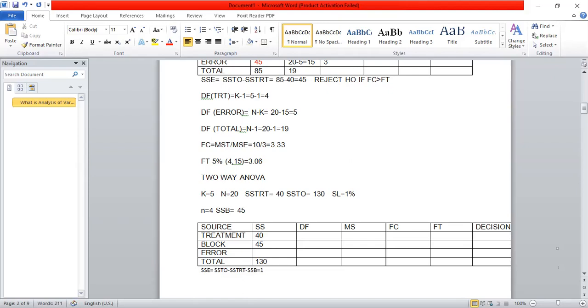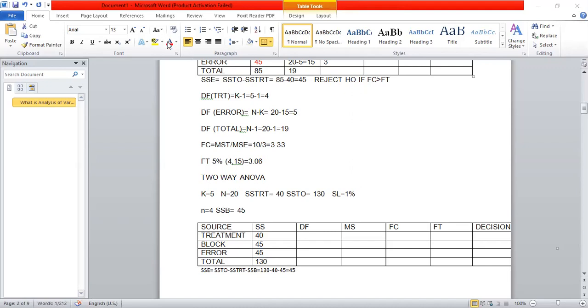So it will be 130 minus 40 minus 45. What are you getting? 45. Is that right? So the 45 is a difference.